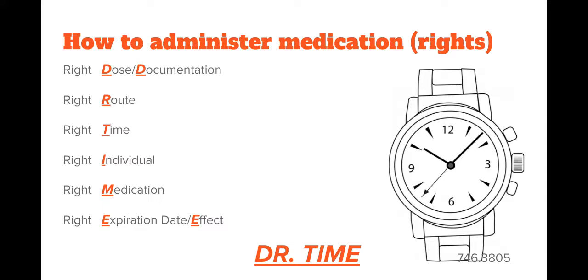The next letter in our acronym is individual. Sometimes med errors unfortunately happen because the medication was right, but it was the wrong child. It's hard sometimes to verify the identity of a child.